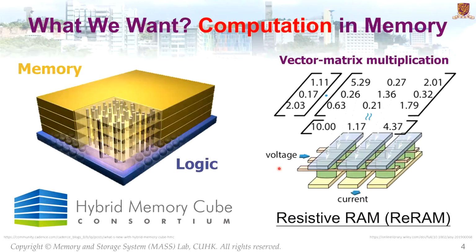They simply apply different voltages to different bit lines or word lines, and let the current go through these memory cells. Then the vector matrix multiplication can be completed. So here I'm trying to show you that with emerging technology, we can do more things than we think. We can do computation near or in memory.